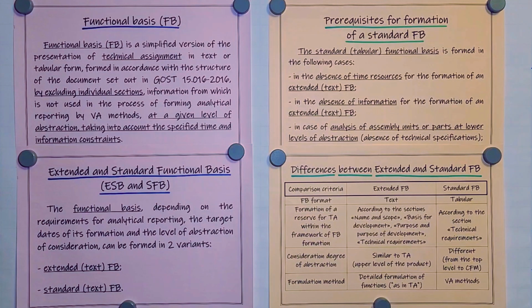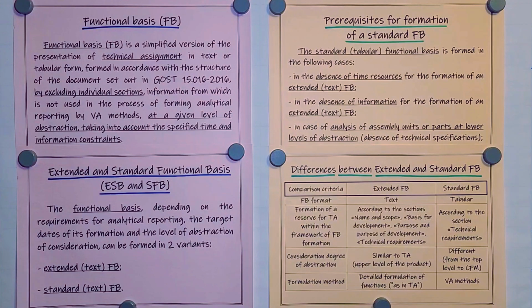Accordingly, when forming a text functional basis section for the technical assignment, sections that are not directly related to the process of developing design documentation, i.e. all sections except the section of technical requirements, will either be reflected in less detail than they should be in the technical assignment according to GOST 15016 or completely excluded.